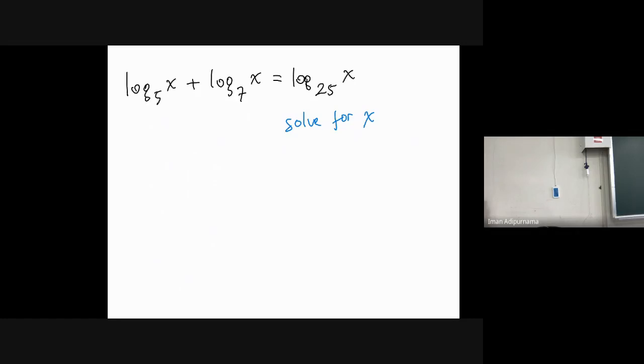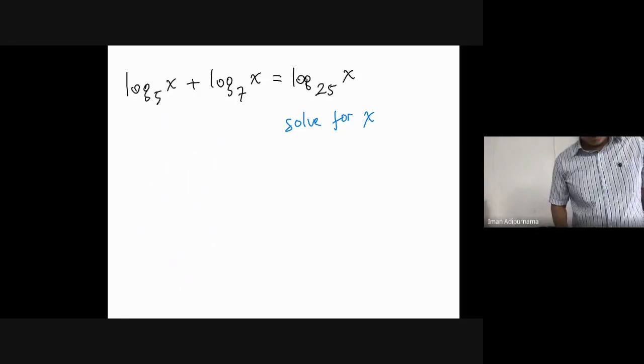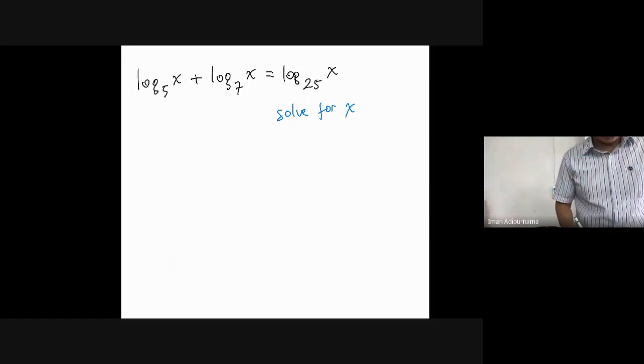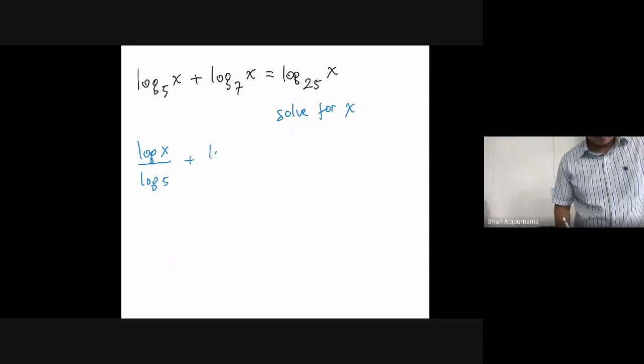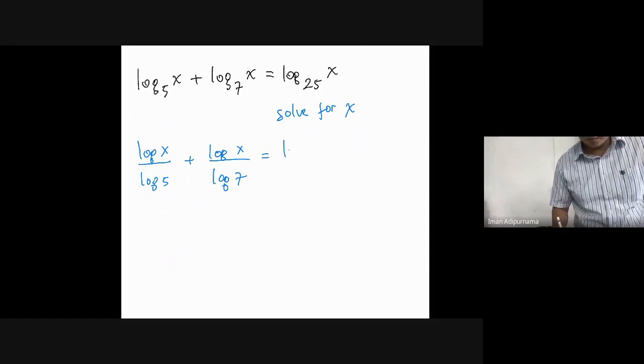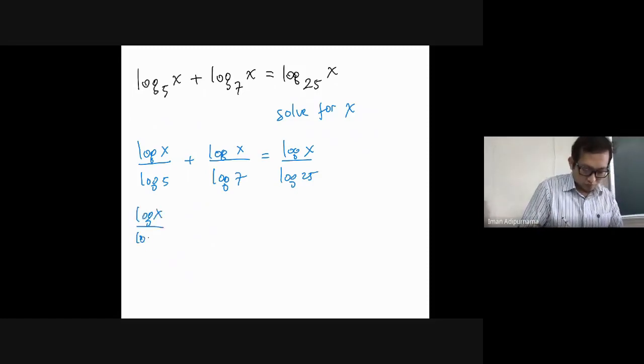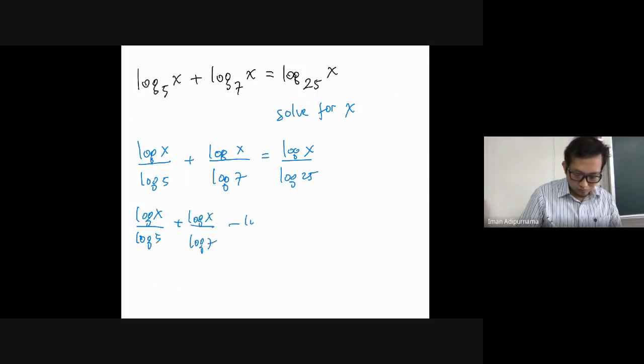Okay, let me give you the answers. Okay, look here. It's all having log x base 5, 7, 25, and it's all having log x, right? I can write like this, right? It's the change of base rule. Let me move to one side. Okay, equals 0.